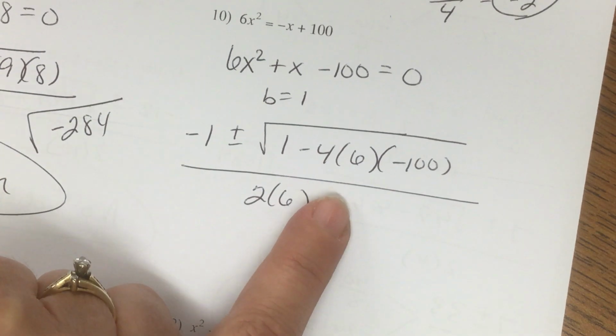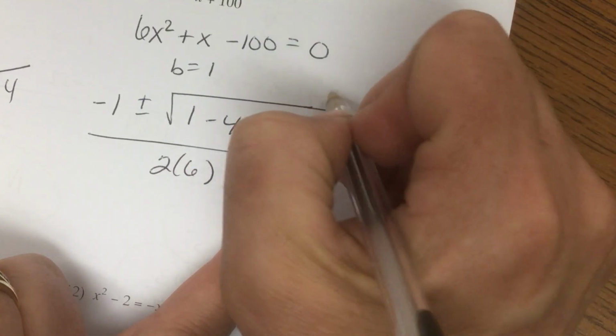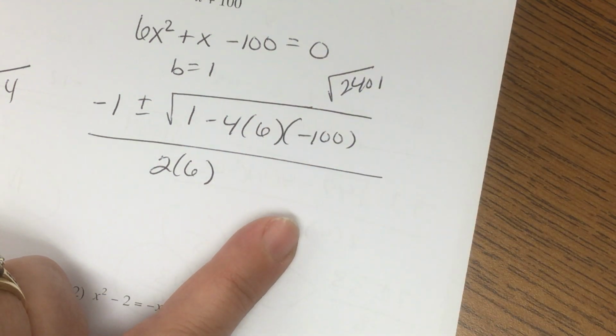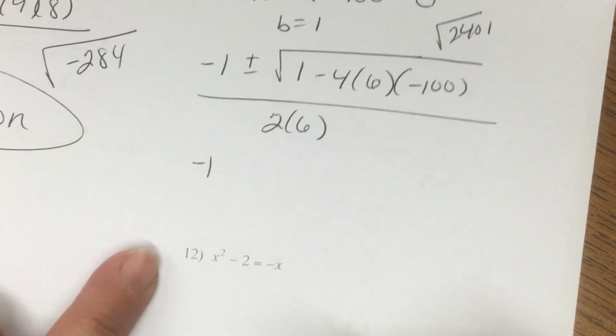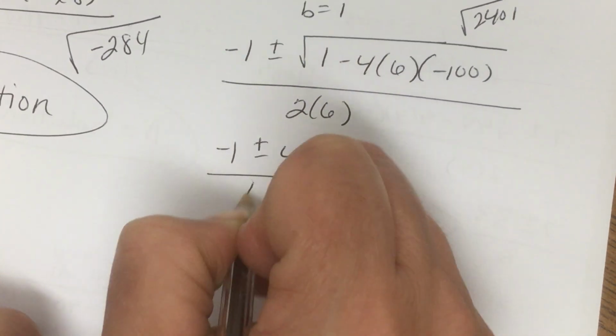So this is going to be 1 plus 2400. But if you don't see that, 1 minus 4 times 6 times negative 100 is going to be the square root of 2401. And the square root of that is 49. So this is going to be negative 1 plus and minus 49 all over 12.